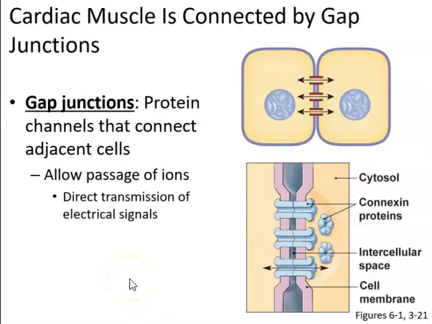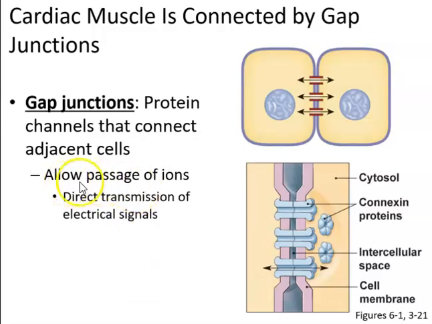Cardiac muscle is connected by gap junctions, and these gap junctions are important for communication between cardiac muscle cells. So the mode of communication is just a direct transmission of electrical signals between cells via the gap junctions.